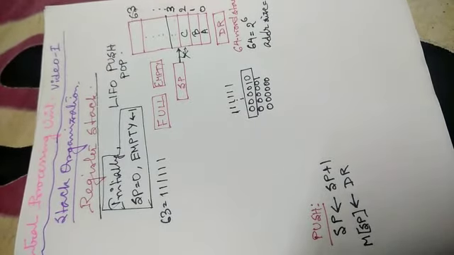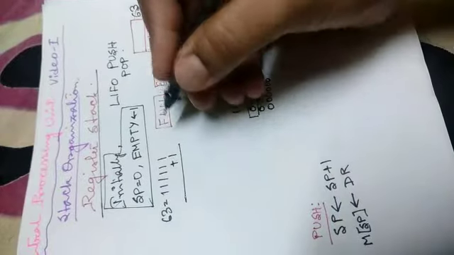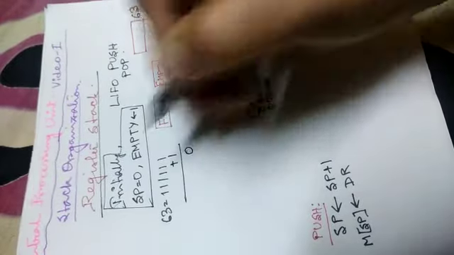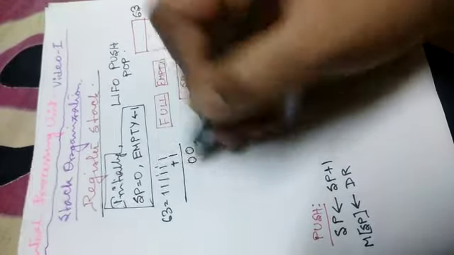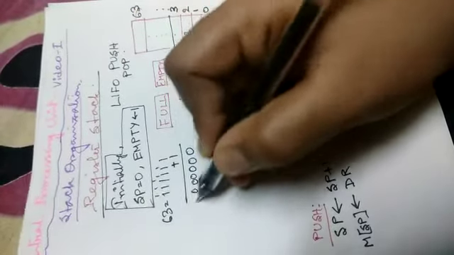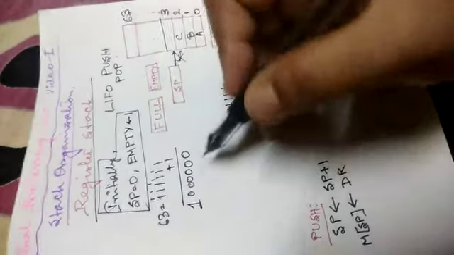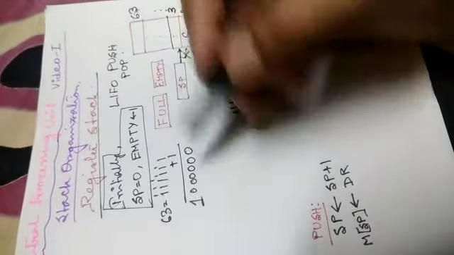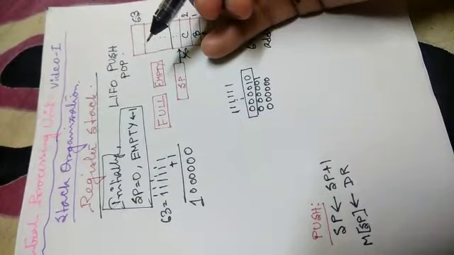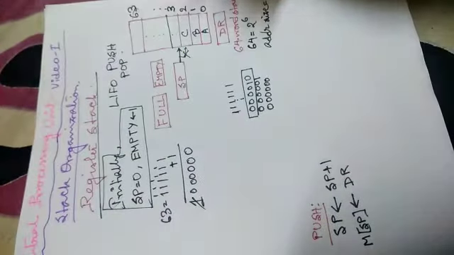Okay. Now after pushing at 63, if we increment the stack pointer by 1, what is it? 1 plus 1 is 0, carry 1, and so on, with a final carry of 1, right? Since we are performing a 2's complement addition, the 1 is discarded.